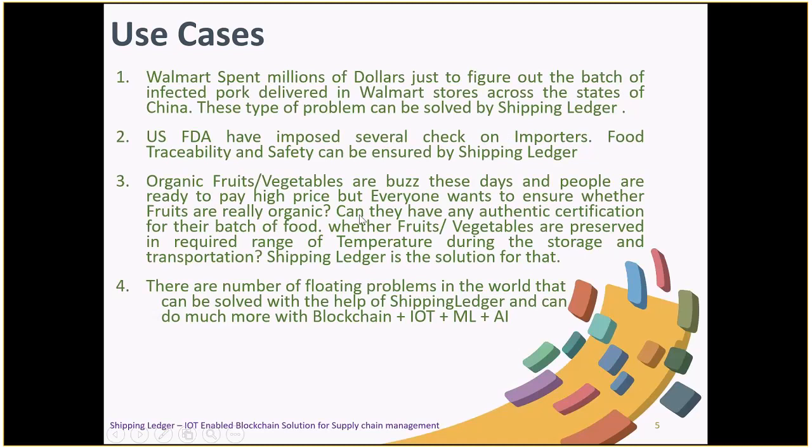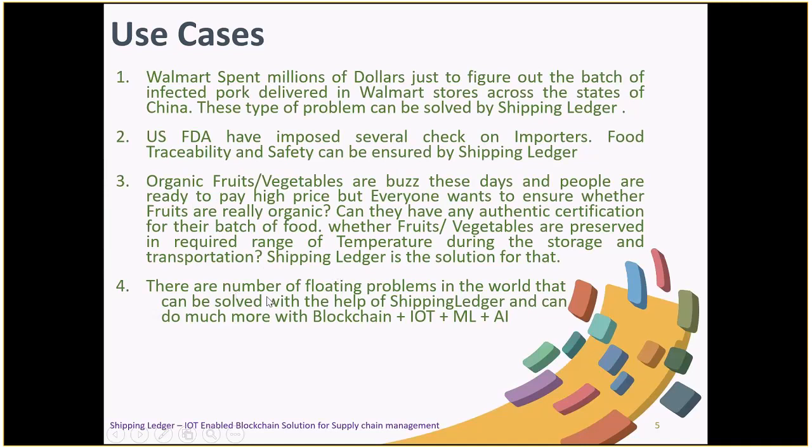Can they see an authentic certification for their batch of food on a mobile or a laptop? Whether fruits and vegetables are preserved in the required range of temperature during storage and transport. Even if we can ensure the fruits are organic, they should be kept in the required temperature range during shipping. So Shipping Ledger is the solution for that.